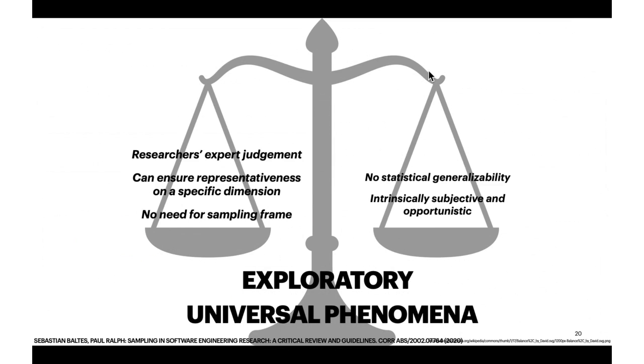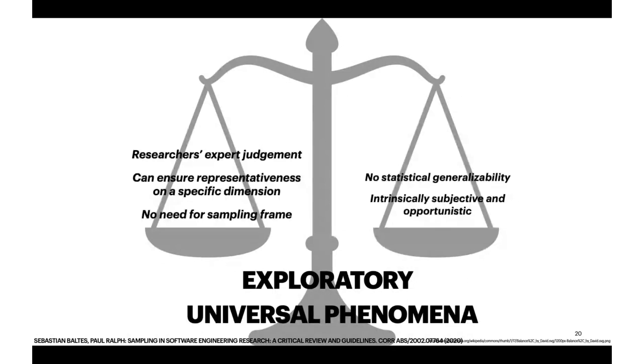Of course, the limitations of purposive sampling are also quite apparent. In the same way as with convenience sampling, there is no statistical generalizability. So conclusions derived based on purposive sampling cannot be generalized in terms of statistics. It also means that the sampling is intrinsically subjective and opportunistic.